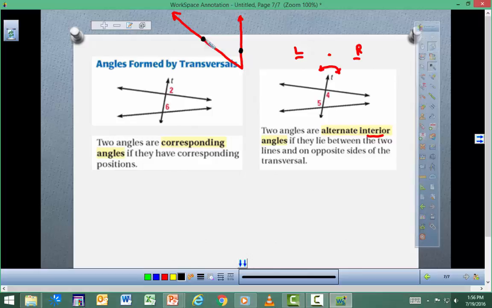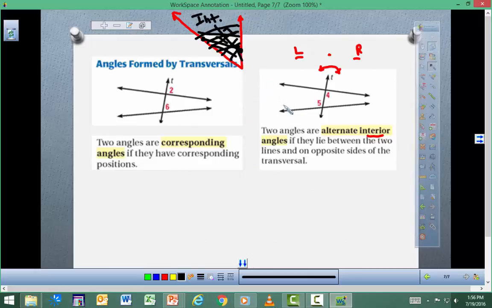And you can connect those 2 dots, make a segment, and that entire segment would lie on the interior of the angle. Interior. And so you have a whole bunch of interior spots.